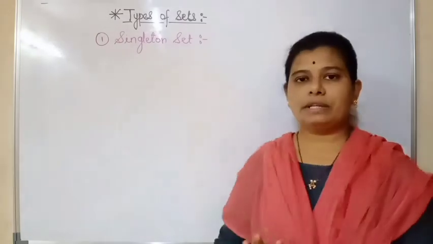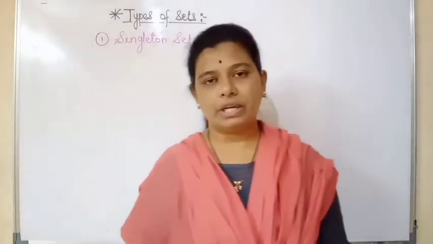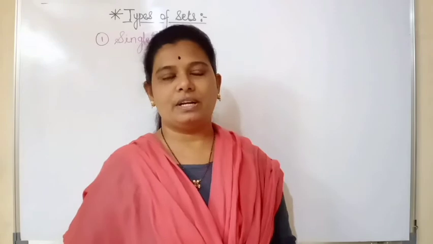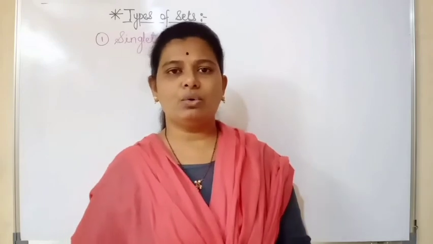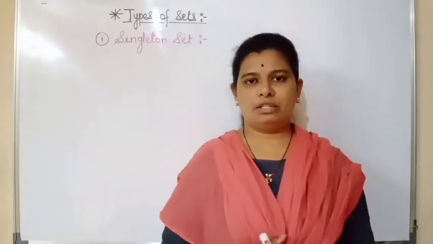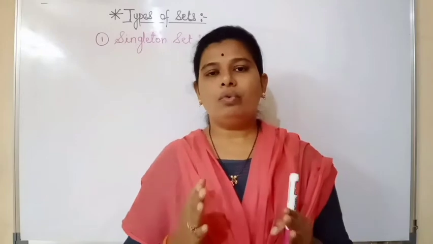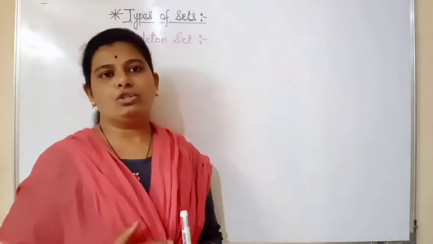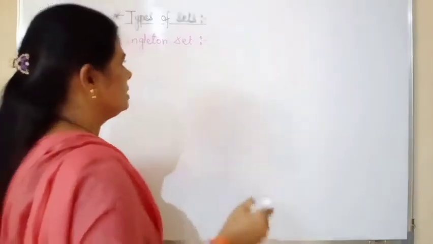Now, the first type of set which we are going to study is the singleton set. What is meant by a singleton set? As the name tells you, a set which contains a single element is called a singleton set.